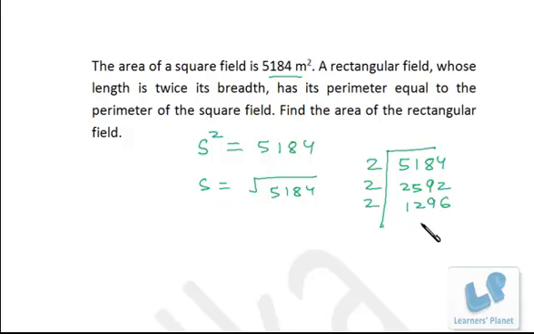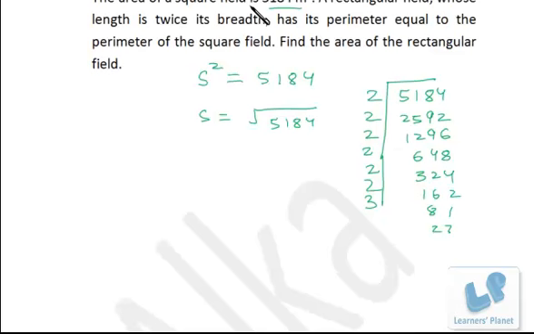Further 2 6 are 12, 2 4s are 8 and 2 8s are 16. Further 2 3, 2 4. Further 1 6 2. Then 2 81. Then 3, 27. 3 9 3 3 and 3 1.